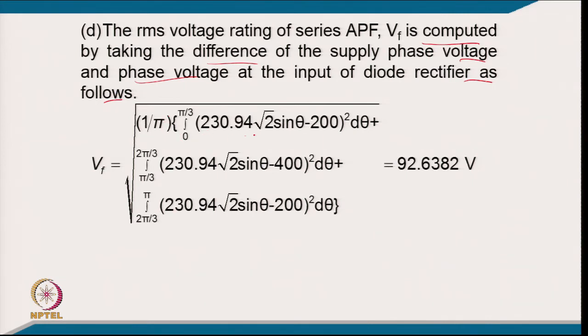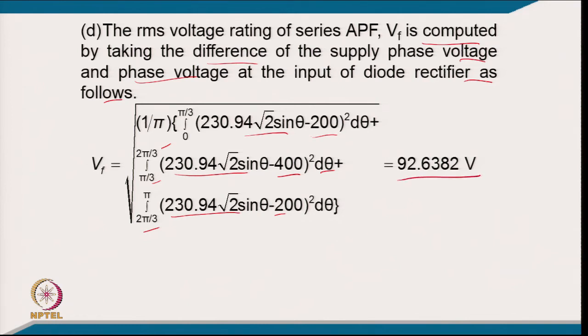From 0 to pi by 3, the sine wave of 230.94 into root 2 sin theta minus VDC by 3, that is 600 by 3, means 200, squared, d theta. Second segment, pi by 3 to 2 pi by 3, again the sine wave of 230.94 into root 2 sin theta minus 2 VDC by 3, that is 400, squared, d theta, plus the third segment, 2 pi by 3 to pi, that is 230.94 into root 2 sin theta minus VDC by 3, that is 200, squared, d theta.